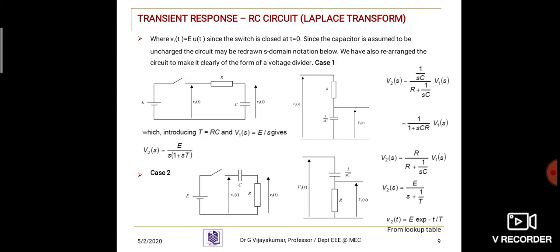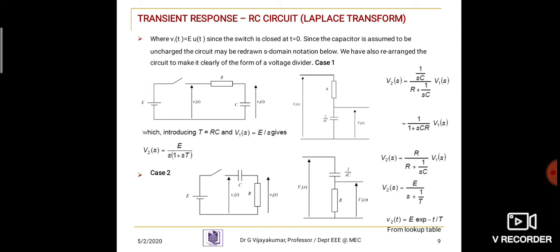As usual, with the voltage dividing method, the actual voltage times the particular resistance divided by the total resistance, with V1 of S we already know is capital E by S. In the previous pictorial representation I mentioned E as V, so do not bother, E and capital V are the same; it indicates the applied voltage for the DC case.